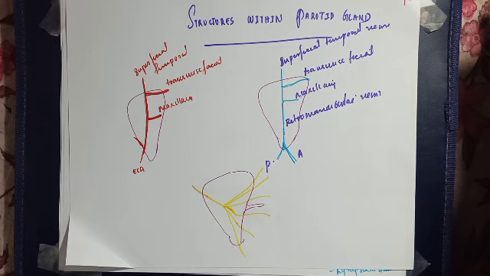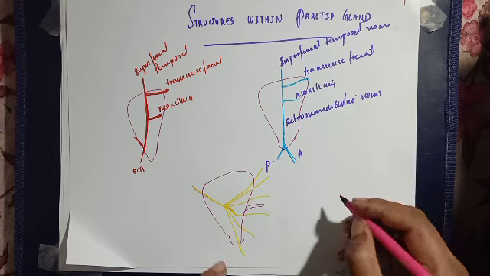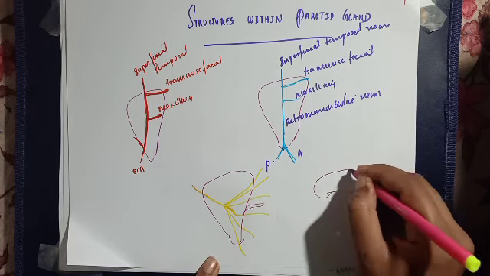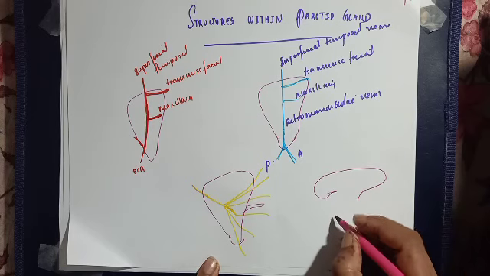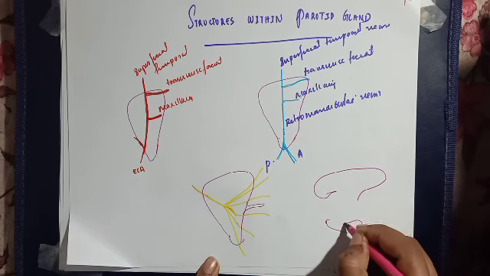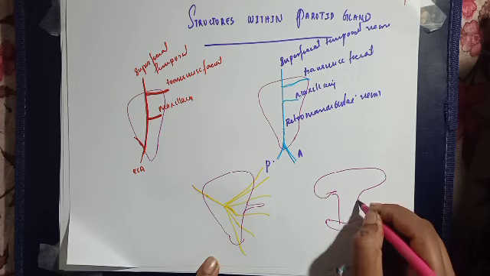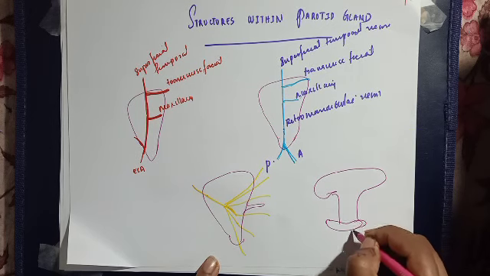Now we know that the gland is composed of a large superficial and a smaller deeper part, which is connected by an isthmus around which the facial nerve divides. Actually, if you look at the gland, it is like this. It has a large superficial part and a smaller deeper part, connected by a portion known as the isthmus.